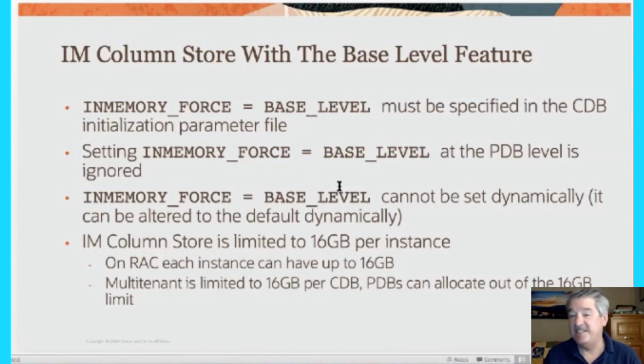Correct. Yeah, that's kind of cool, because RAC is a scale-out environment, and so we're going to allow you to essentially scale out the column store. 16 gigabytes isn't a lot, but remember, we've talked about compression in the past. Don't forget that. We limit compression to MEMCOMPRESS FOR QUERY LOW, but still, I usually tell people to expect 2x compression for most objects.